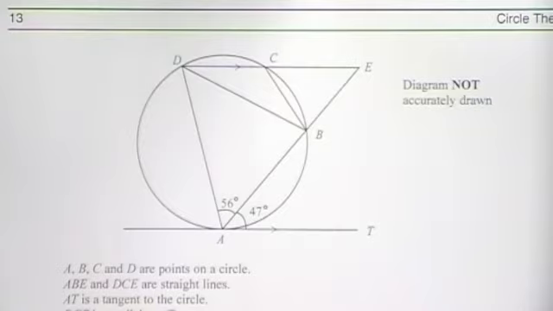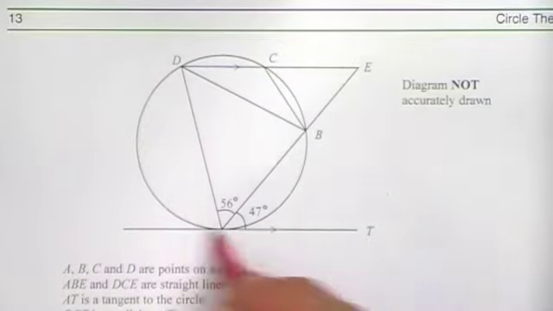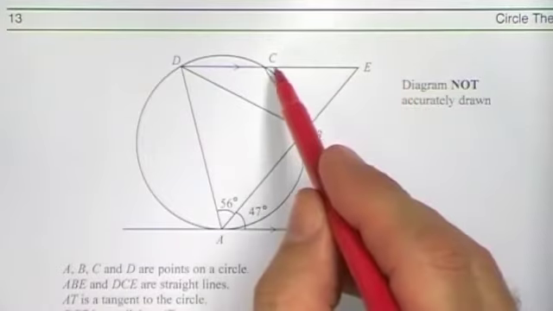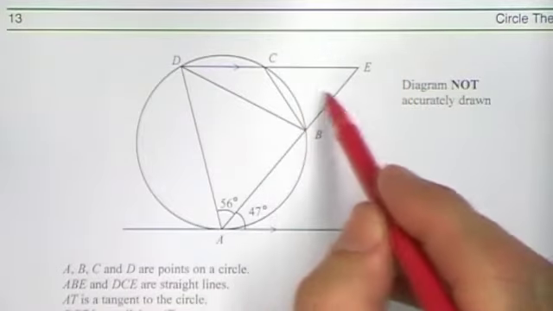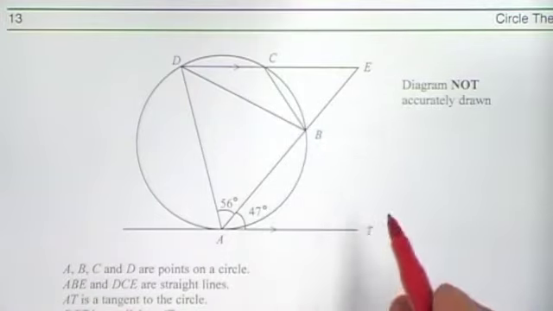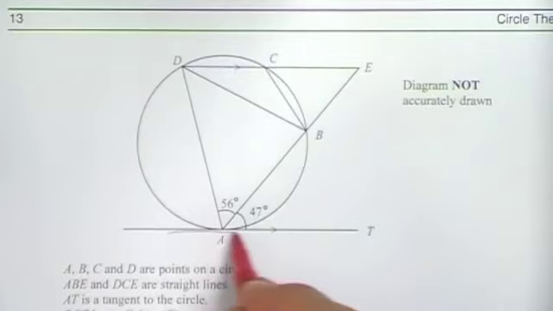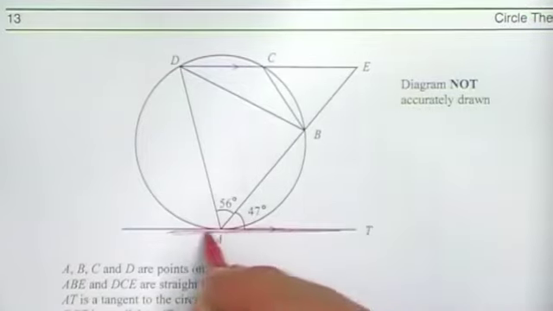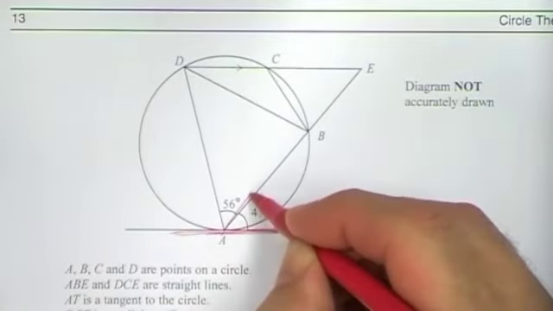Question 13. Again, there's a tangent in here. We've also got this shape here, which is nothing to do with the tangent, so I'm just going to focus on the tangent for now. This tangent here is not linked to a radius, so the tangent and radius don't make 90 degrees, so it's the alternate segment theorem. This tangent forms an angle with this chord here.